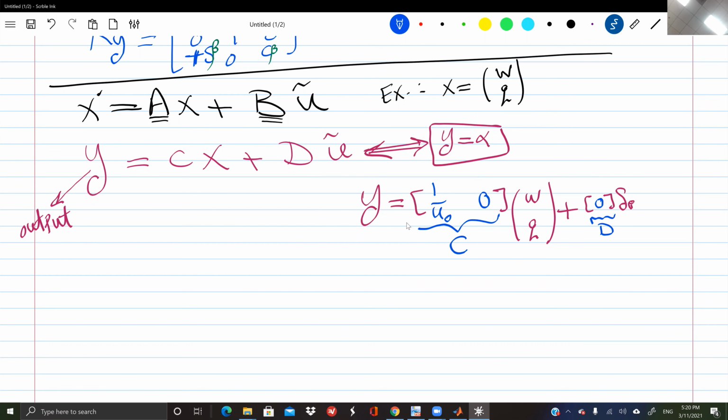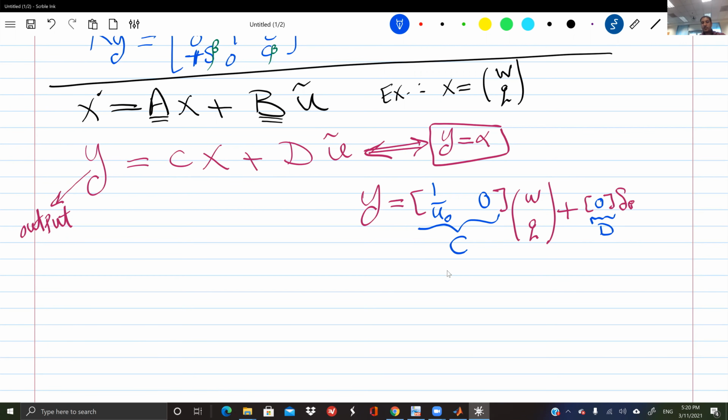These C and D are for defining a specific output y. If you are interested in Q instead, then my C would be 0 and 1, right? Any question about that? So C and D is just a way to define what is the variable of interest to you, the output. Doesn't matter much, but let's take this as the output.